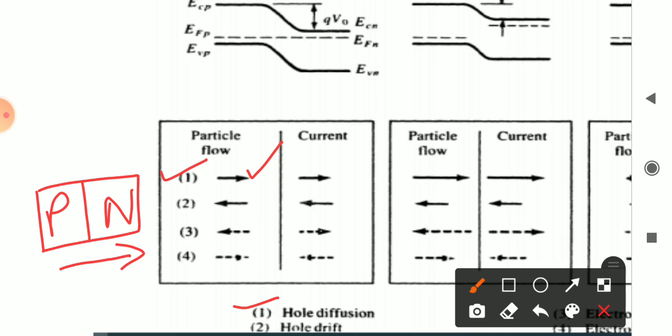So the current direction is the same as that of the first one, hole diffusion current. Hole diffusion is from P to N, so holes will move from P to N. That's why the arrow mark is like this, and the current direction is exactly the same as the hole direction. The first one is clear, no?